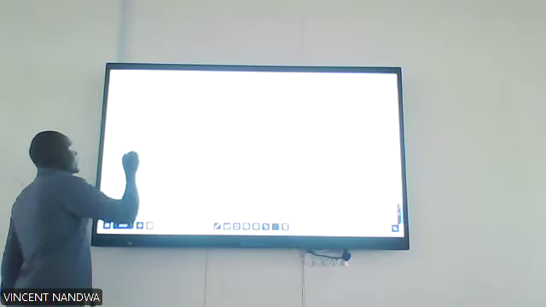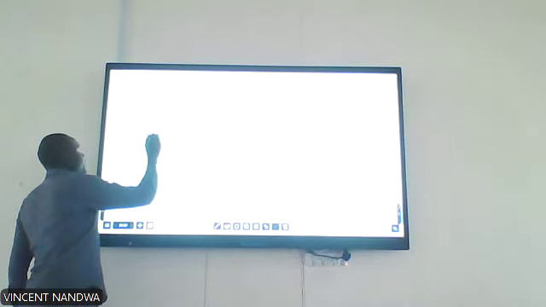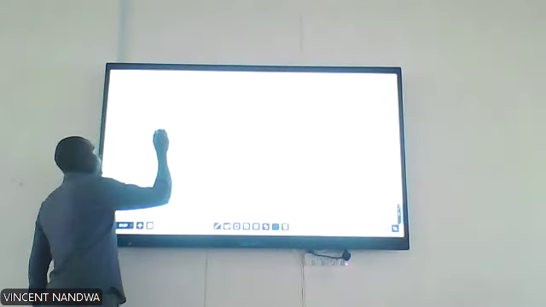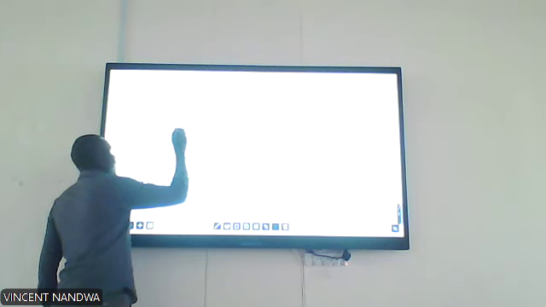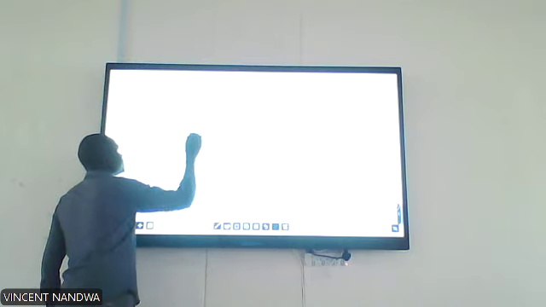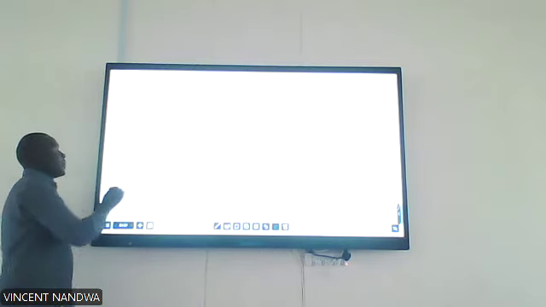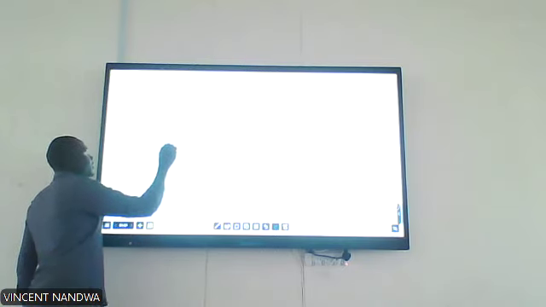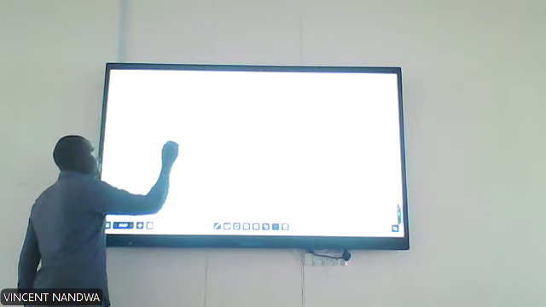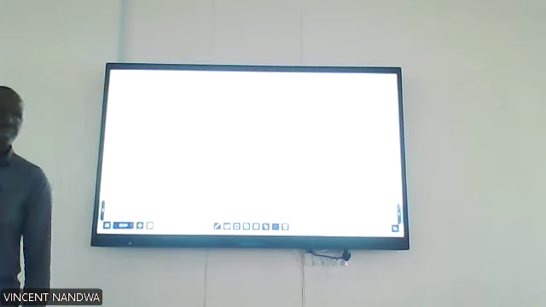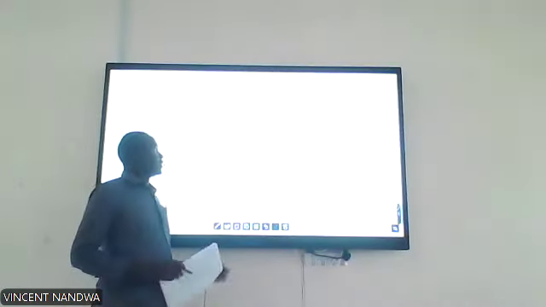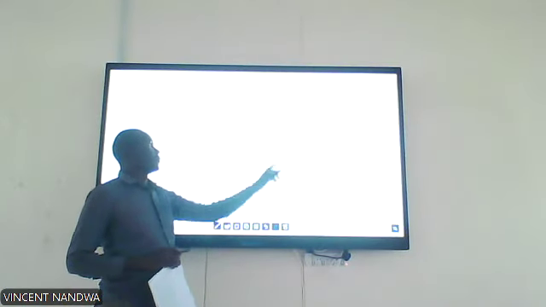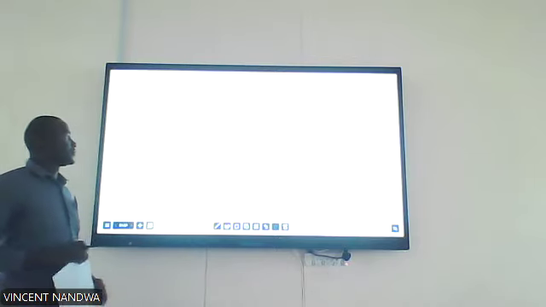Another example: minus 7 is congruent to 4 mod 11, since 11 divides minus 7 minus 4. So provided that the difference between A and B is divisible by M, we write this relation.